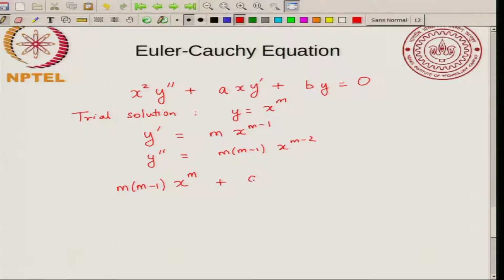Plus a times x y prime, which is just m times x raised to m, and b times y is just b times x raised to m, equal to 0. By doing this you can see that you can cancel the x raised to m. So, just as in the last case, you get the equation m times m minus 1 plus a m plus b equal to 0. This is a quadratic equation in m.